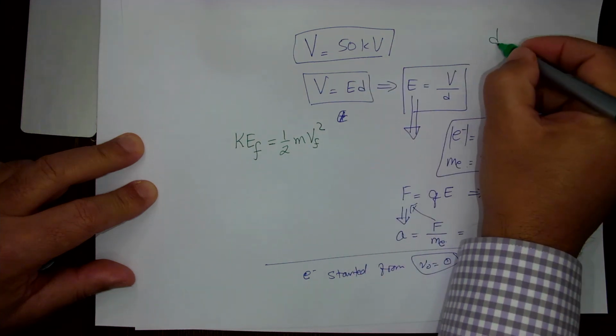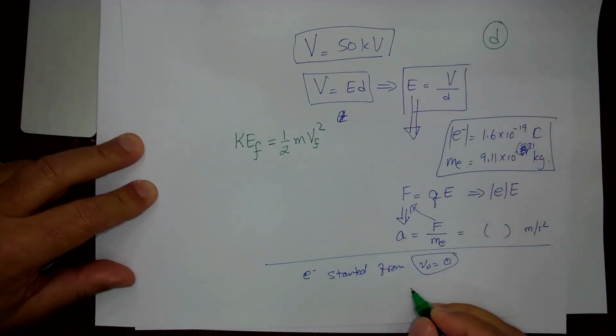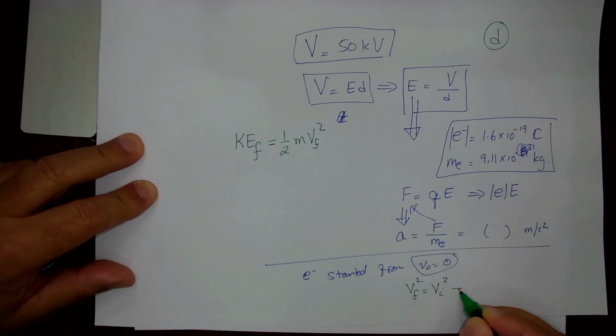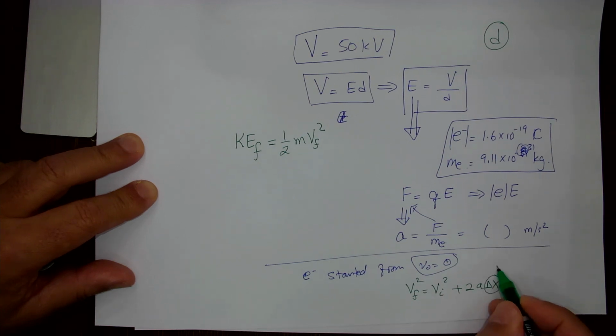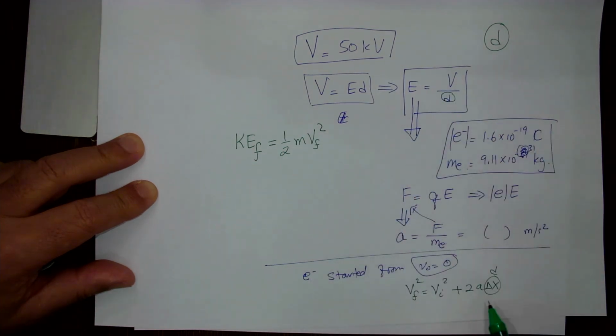Because you have D, you can find v final squared is equal to v initial squared plus 2 a delta x. So delta x is D, my gap here, and a is the one I calculated from here.